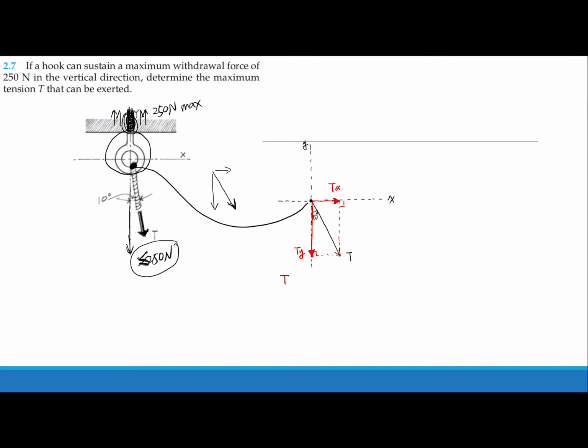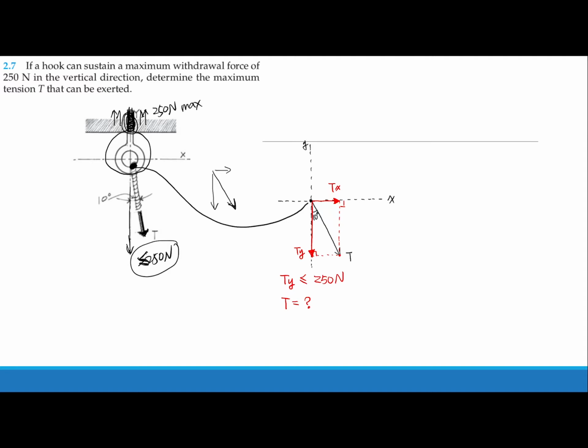So that means Ty has to be smaller or equal to 250 Newton. Now what is T? This is kind of a backward calculation, because in the previous case you were given the T and looking for Tx and Ty, but now you are given one of the components and you are looking for the main force. So how do we do that?